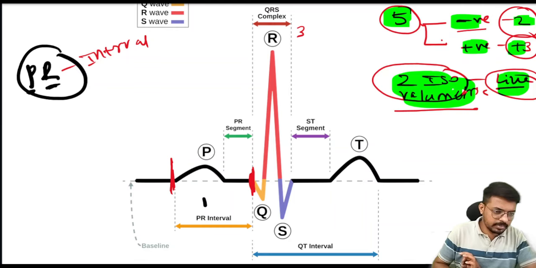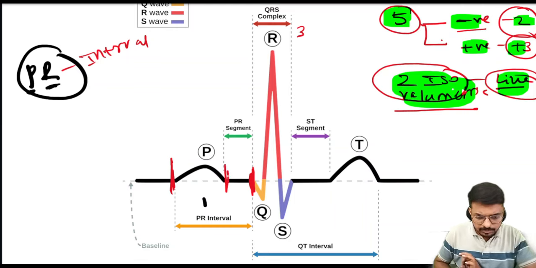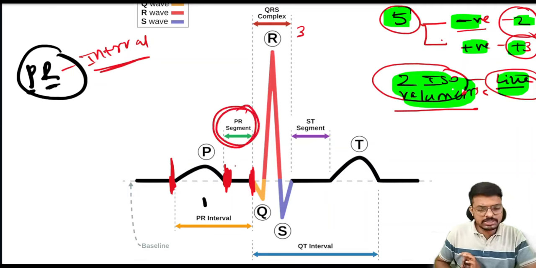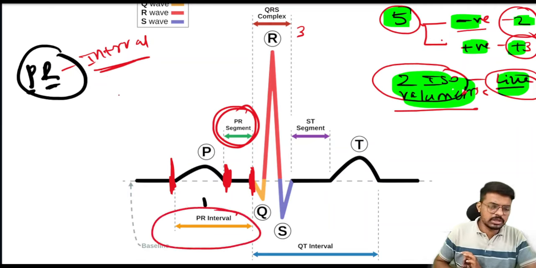If it starts at the end of the P wave and ends at the start of the Q wave, remember the PR interval starts with the start of the P wave, but the PR segment starts with the end of the P wave till the Q wave. That is what we call the PR segment. So the first one is the PR interval, which starts with the P wave and ends with the beginning of the Q wave.